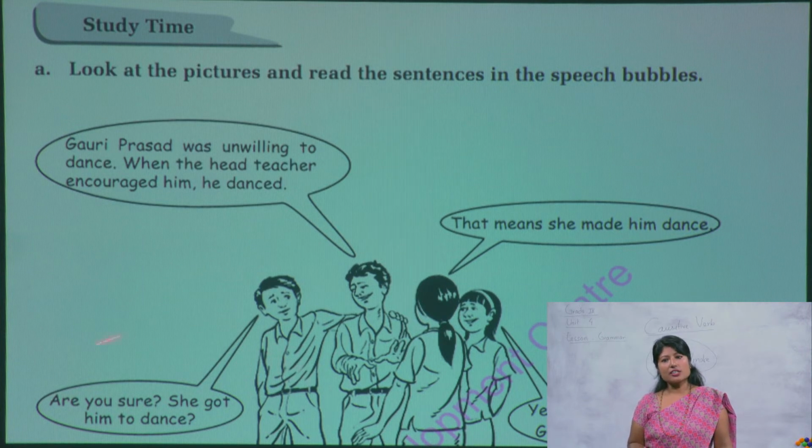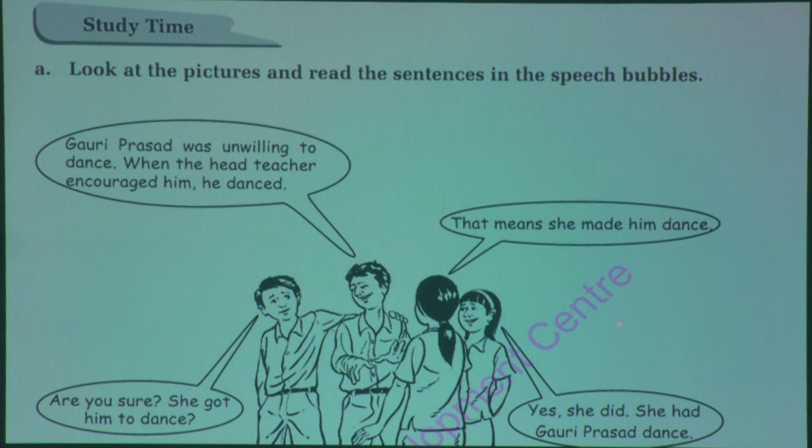She got him to dance. Subject, got, the causative verb, him, to dance. Him is the agent who danced. So with got, verb and agent, there is to dance.